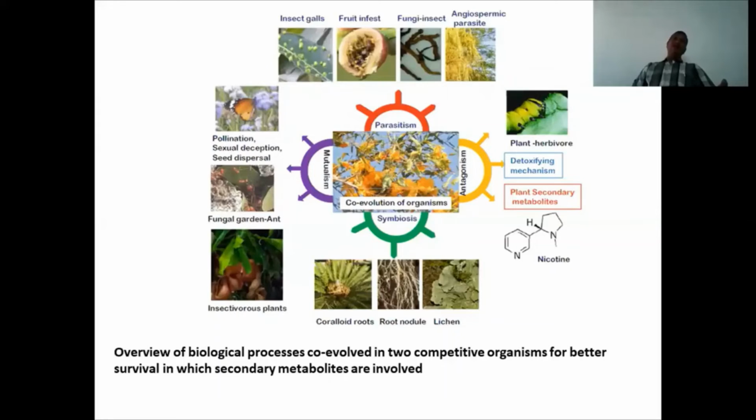Plants themselves have some important roles; there is a group of plants called insectivorous plants which trap insects. At the top you can see the insects infecting the plants and causing infestations in the form of galls or infecting the fruit. You might know a very good example, the fig. Fig is a very good example of the interaction between the beneficial insect and the fruit formation.